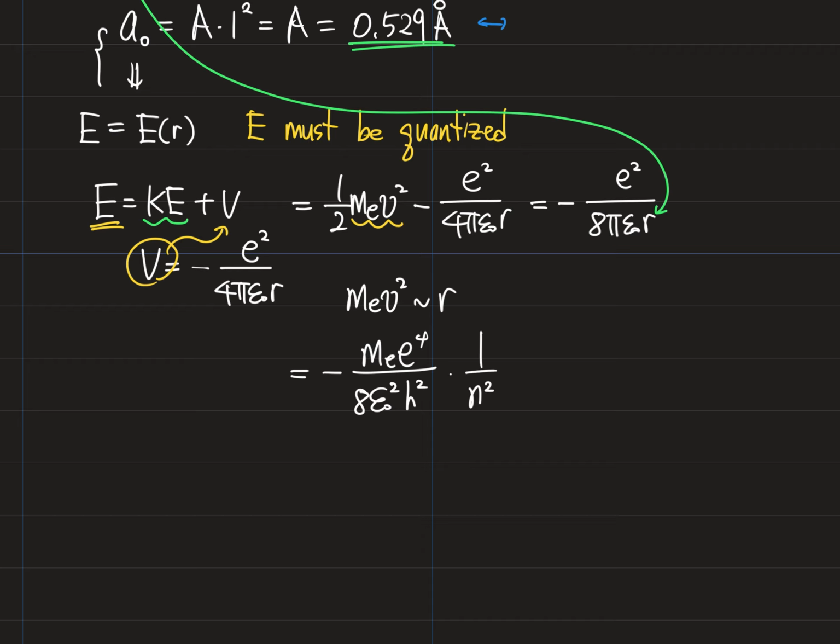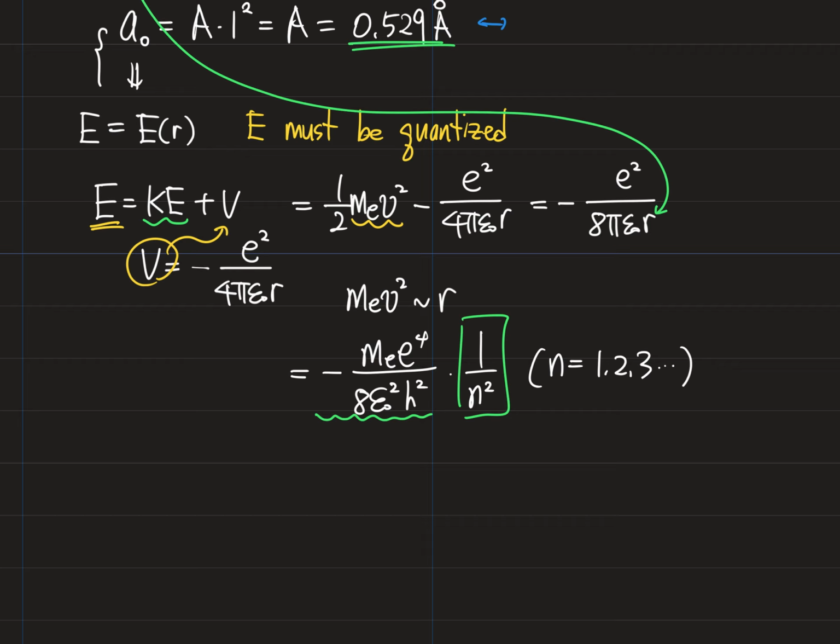Again, it looks very complicated, but this is some very complex number, and anyway it is a number multiplied by 1 over n squared. So you will notice that n should be some positive integer. That means the energy level is also quantized. Okay.